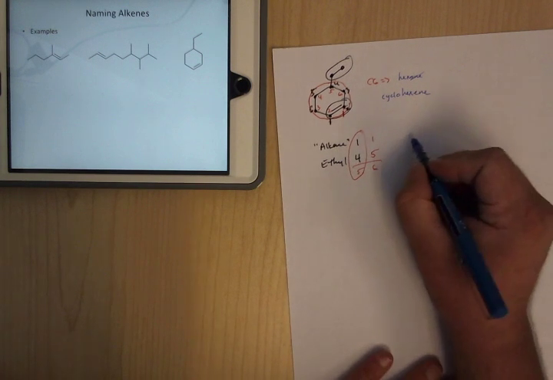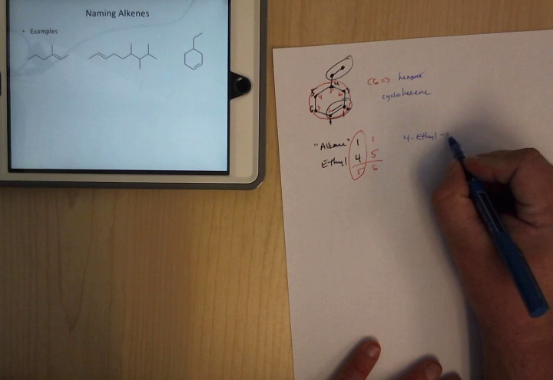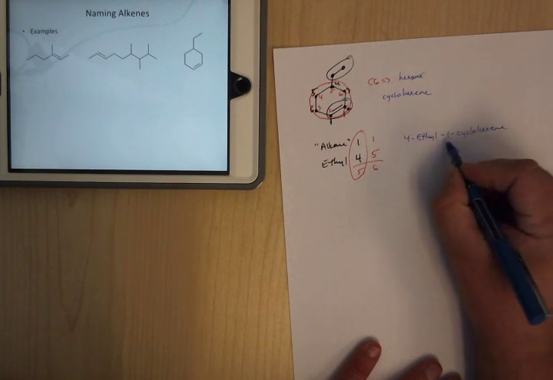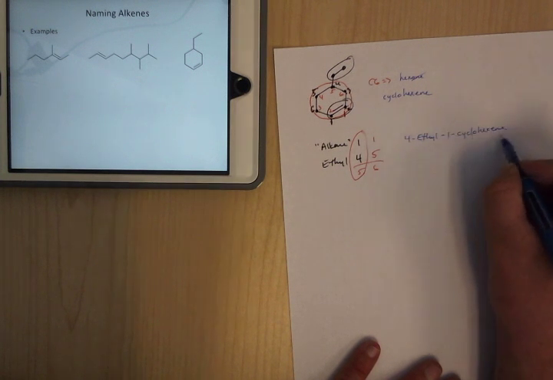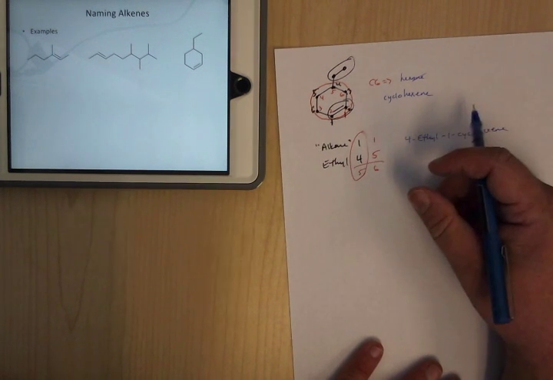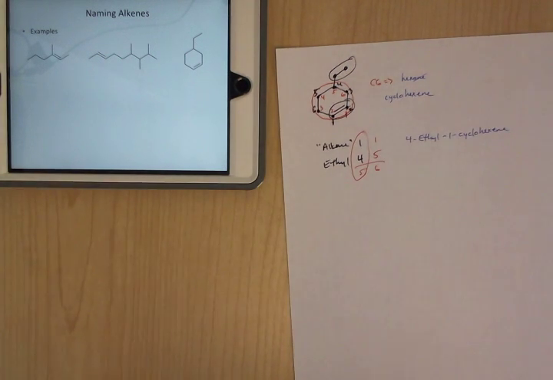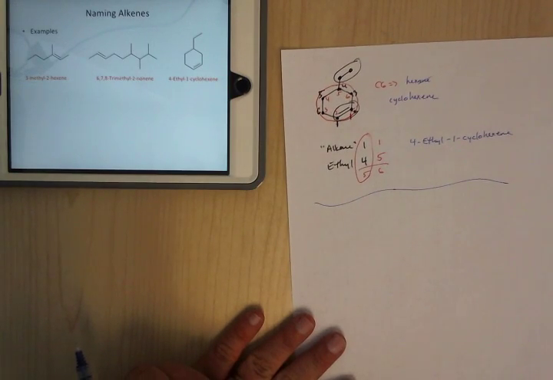So it'd be 4 ethyl 1 cyclohexene. Now you could probably get away with not putting the 1 in there. I like to do it because it keeps up with the regular naming steps. Okay, so that's naming. Hope I got that right. Yep. There we go.